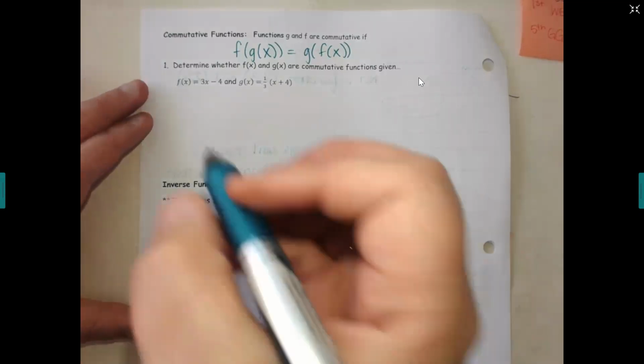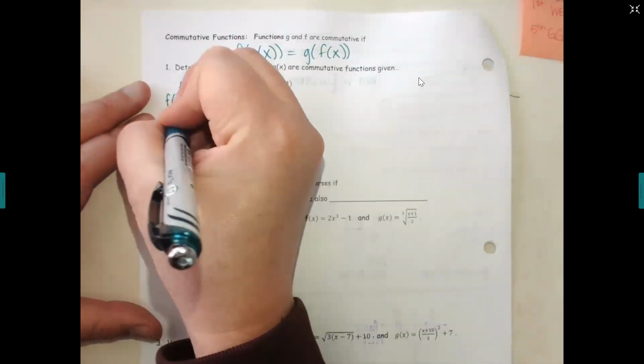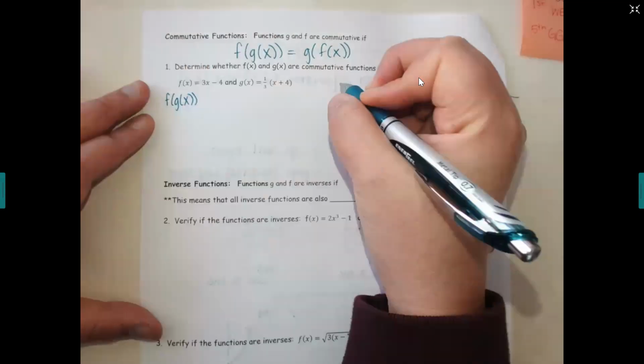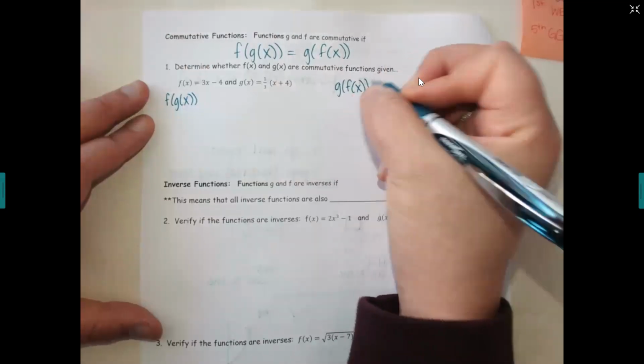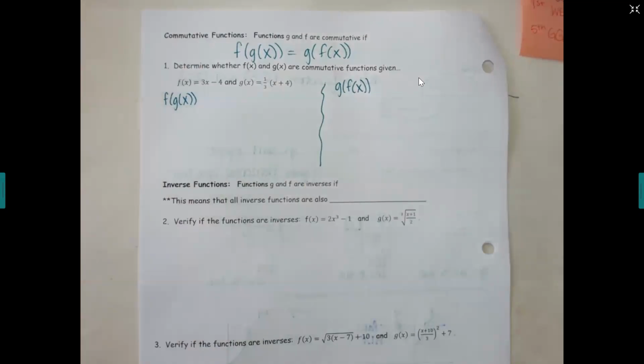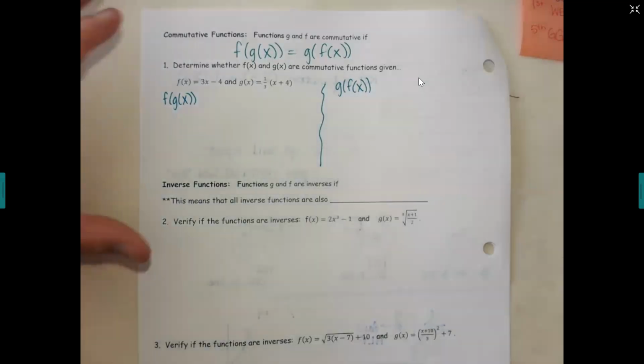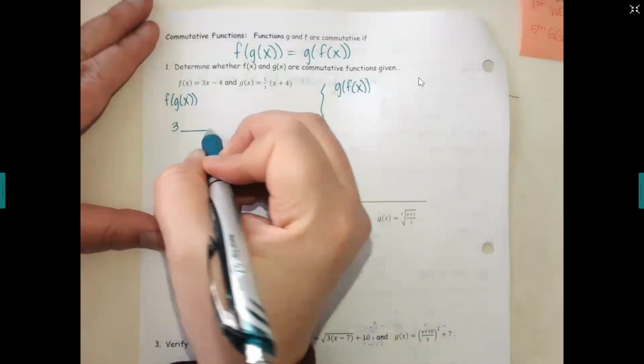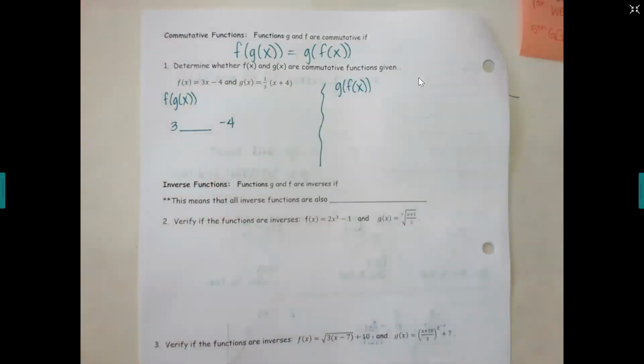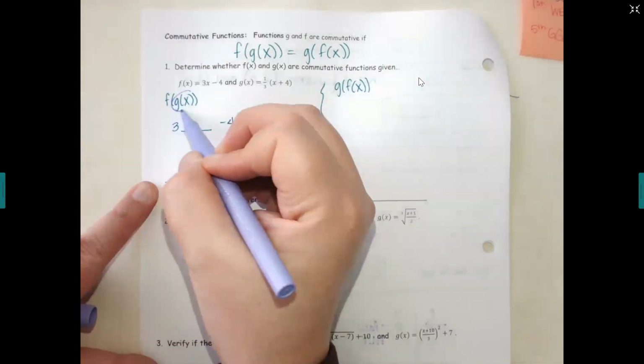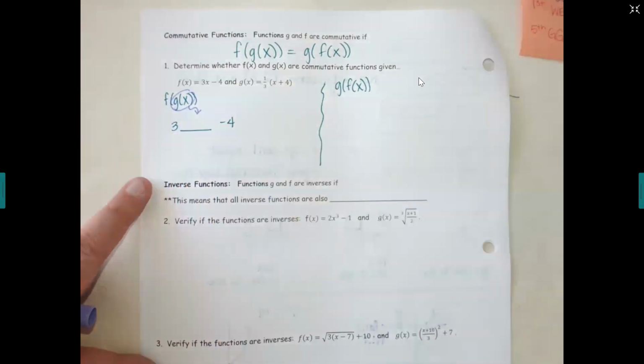So let's start off with f of g. Then we'll do g of f. Okay, we'll try both ways and then see if they come out to match each other. Okay, the way that you do this, some of y'all on your test did well on this, some not so much. Okay, but f is 3x minus 4. I'm gonna do 3 blank minus 4. And then in the blank, I'm gonna take the equation for g and I'm gonna put it into that spot.